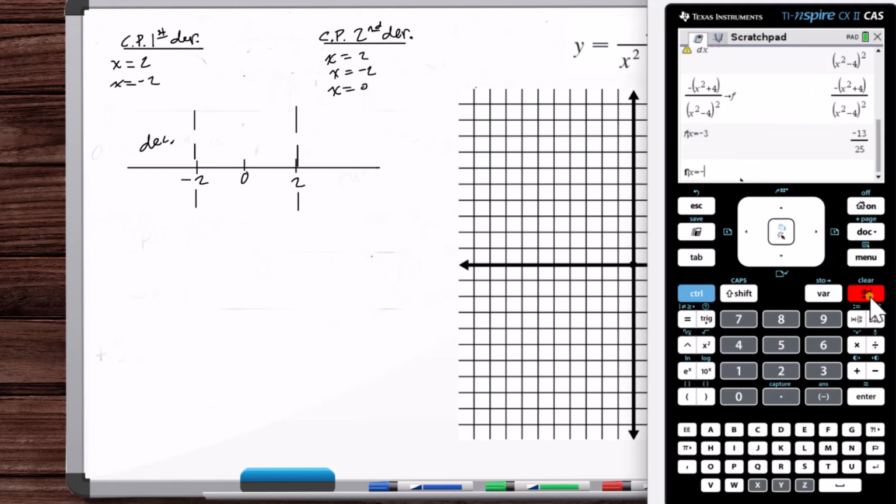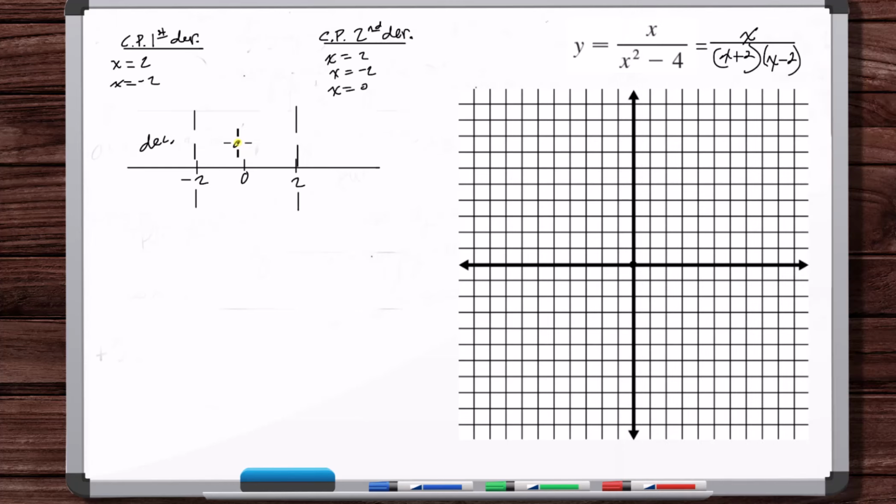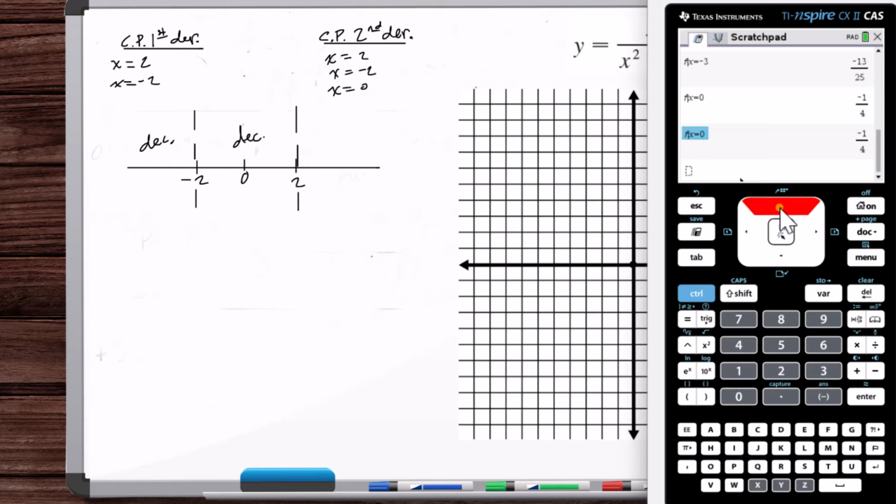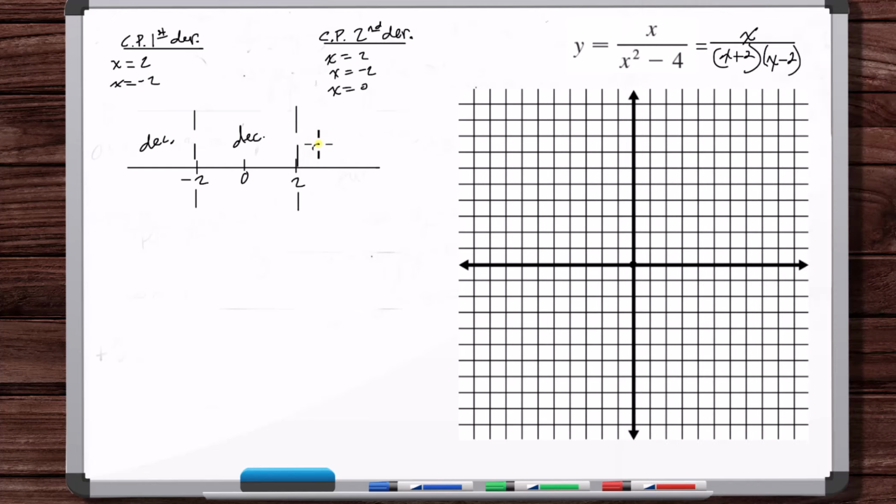With x equal to 0, it's also decreasing in this interval. And then it's also decreasing when x is greater than 2. So it's always decreasing.